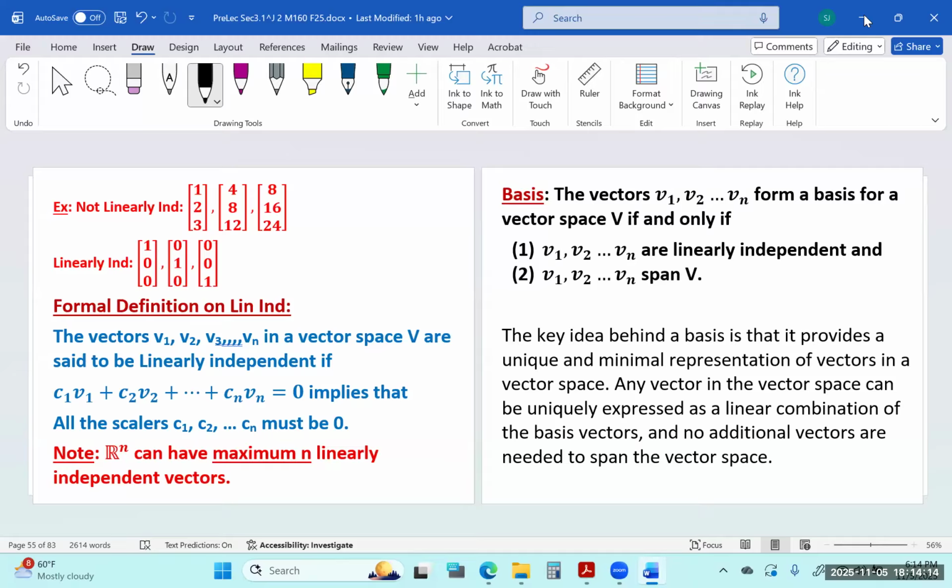For example, in R2 space, we have two standard bases, 0, 1 and 1, 0. So if you have 1, 0 and 0, 1, that means you have a set of two basis vectors. They are bases. Why? Because every other vector you can find by a linear combination of these two vectors, 1, 0 and 0, 1.